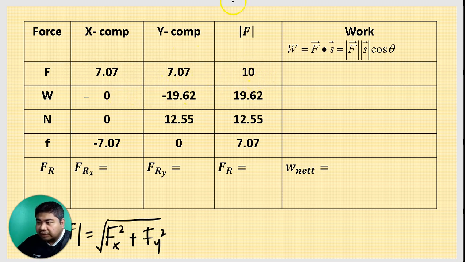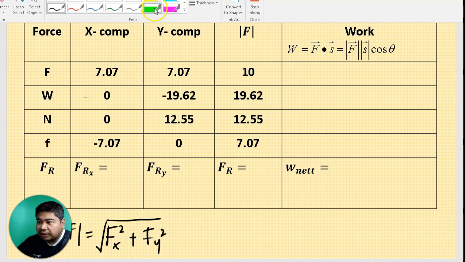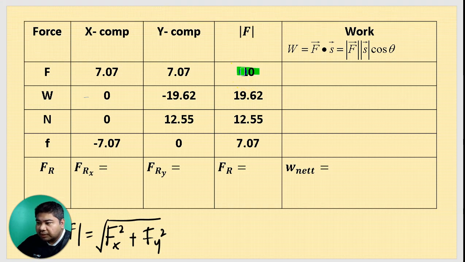For the weight, I'm going to highlight that. So you are going to get back 10 Newton. Alright, for the weight, the x component is 0, so 0 squared plus negative 19.62 squared, you are going to get back 19.62. And if you can see, the value is always positive.